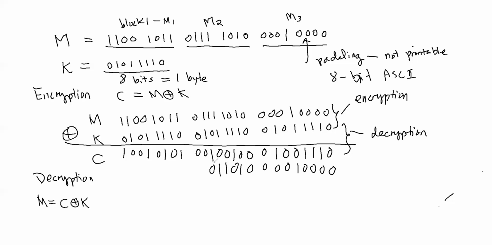Okay, now let me see whether I lined it up right. 0, 0. It looks like I have one more 0 here. Yeah, I'm right.